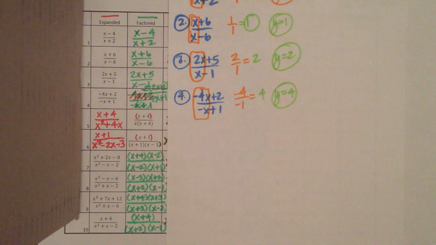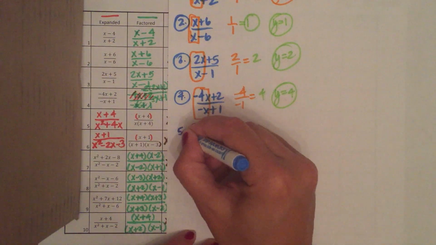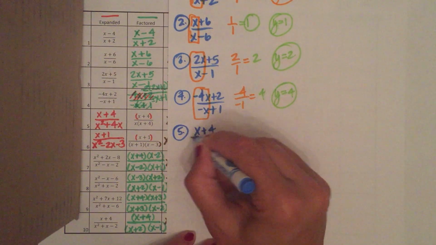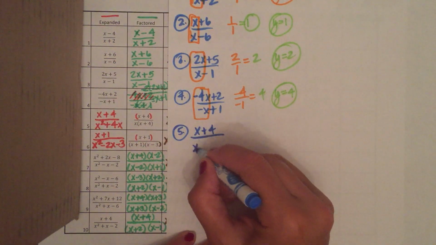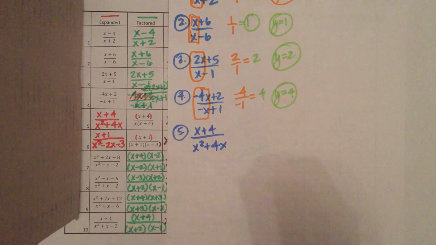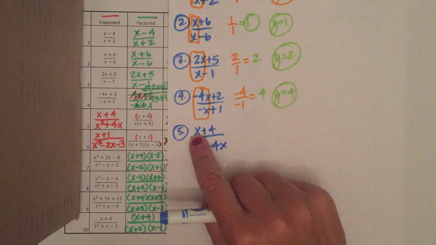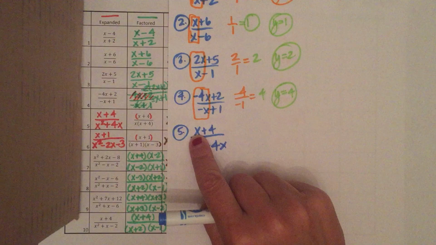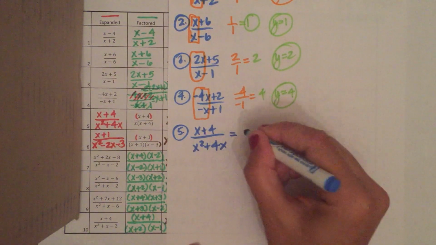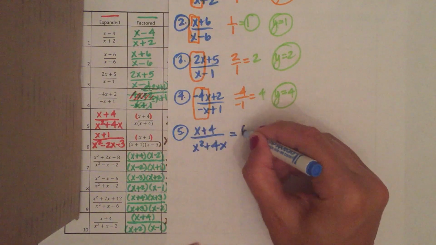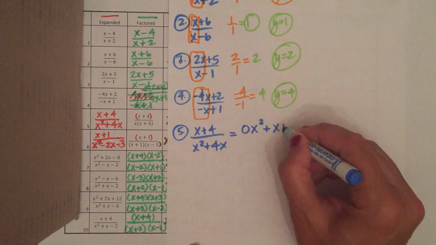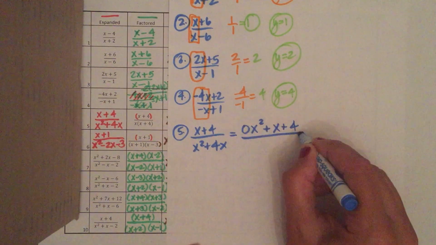And on number 5, we have (x plus 4) over (x squared plus 4x). Well, what is our highest degree term? It's an x squared. But I don't have an x squared in the numerator. What do you do? Well, you have to rewrite it with a placeholder. Whatever's missing, you just put a 0 for it. So the numerator, I'm just going to write as 0x squared plus x plus 4.